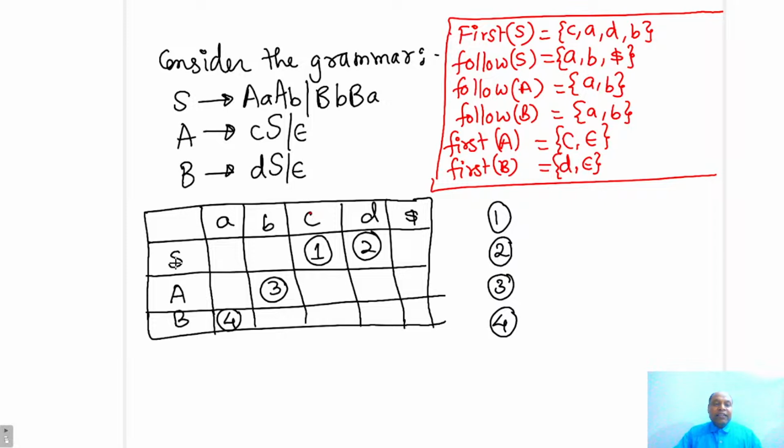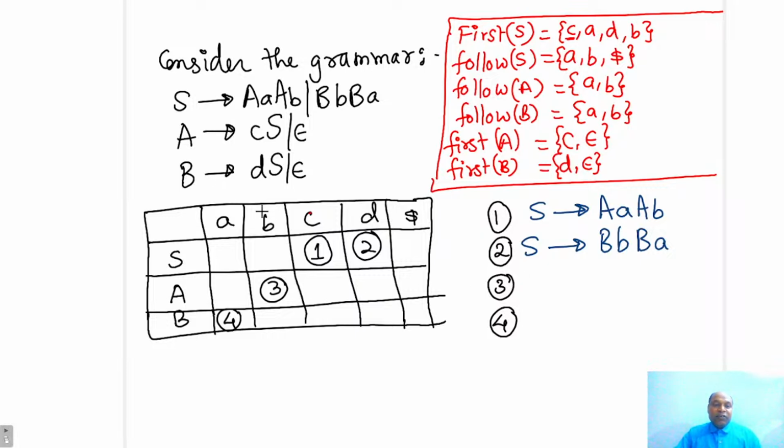C is coming in the first of S, and this particular C is with respect to A. So we will have this production as S production capital A, capital AB. Now in this S production capital B, capital BA. Why? Because this D is coming with respect to capital B, that is non-terminal.